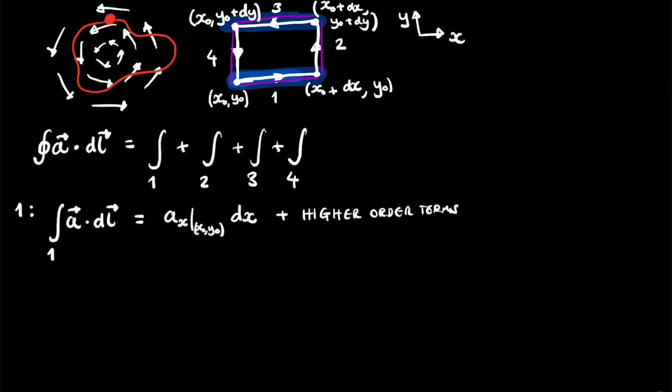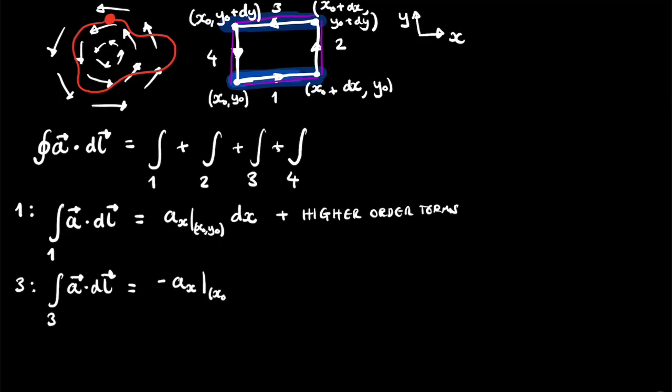Now, what about along path number 3? What's the integral going to be for path number 3? We're going to have a dot dl for this part of the path. Well, we're going to have a minus this time, because we're going in the other direction. Ax is still going to be the x component, but this time it's going to be evaluated at a slightly different position.